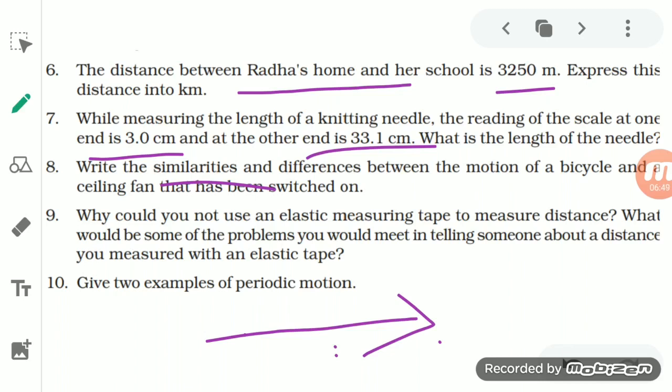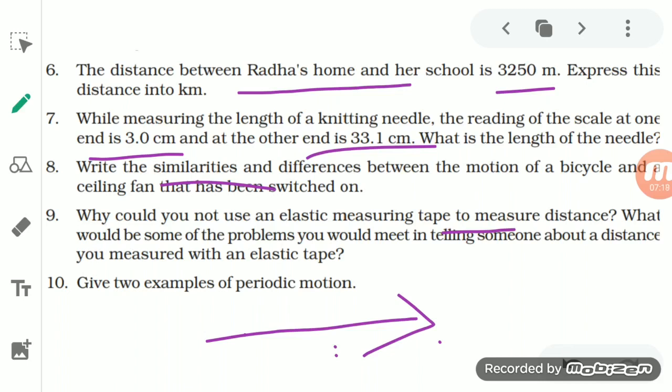Now the next one is, why could you not use an elastic measuring tape to measure distance? And what would be some of the problems you would meet in telling someone about a distance you measured with an elastic tape? So see here, student, an elastic tape is also a kind of measuring device, but we generally do not use it because elastic tapes are stretchable.